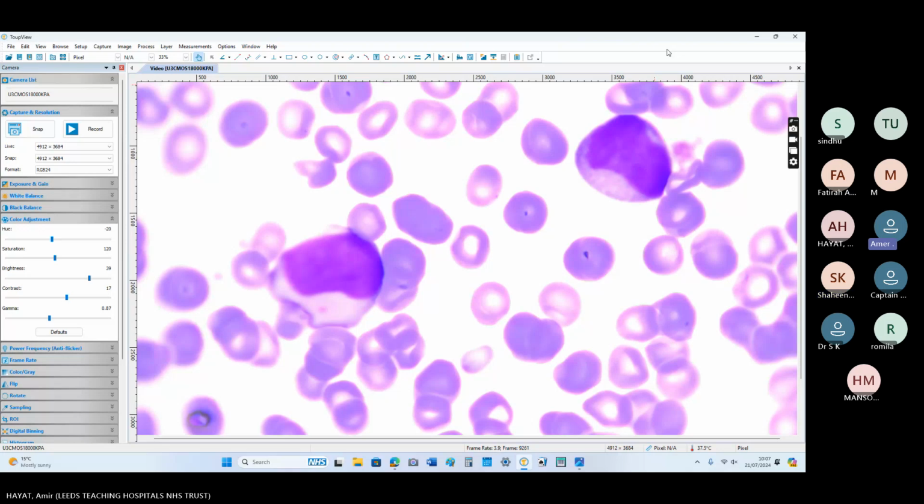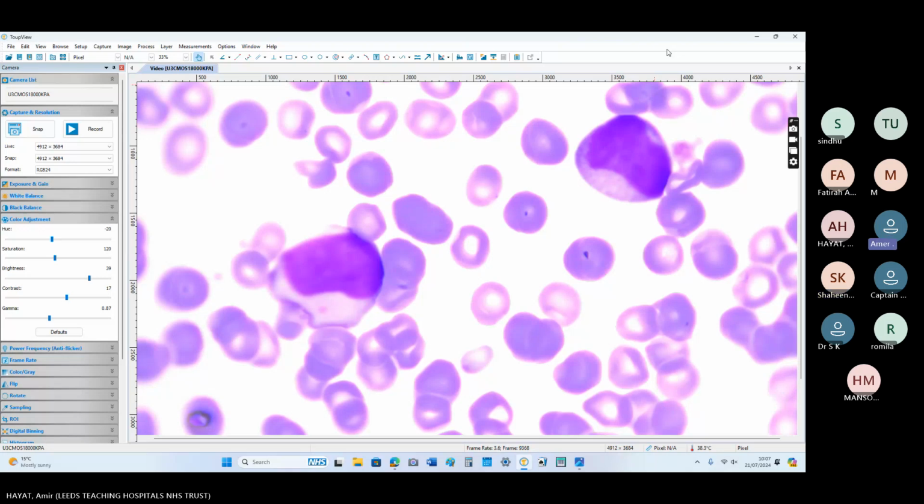It is mentioned in the guideline that the first course is given in the hospital if the patient is stable and there is no other complication apart from TLS. The first course is on admission and the rest of the courses can be given as outpatient.